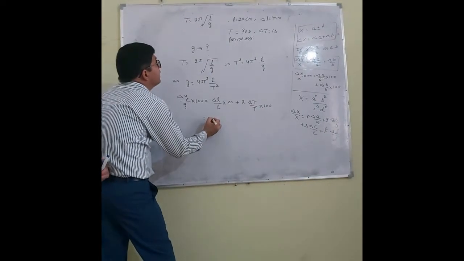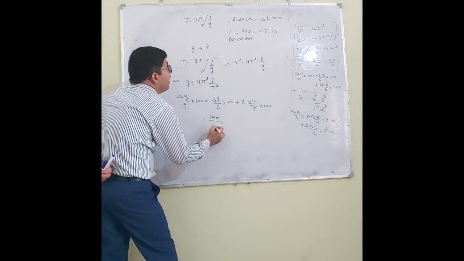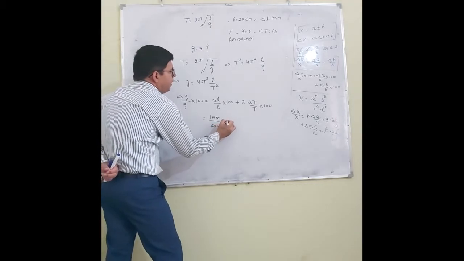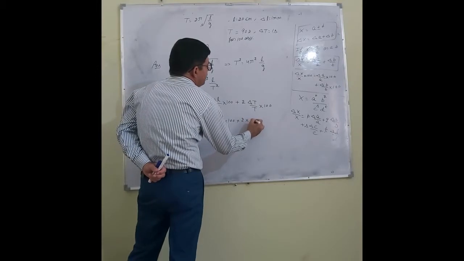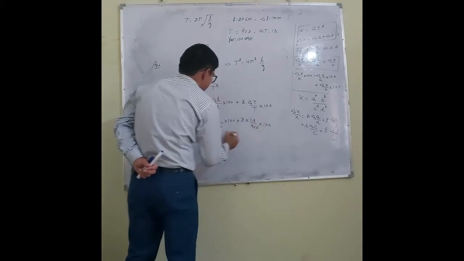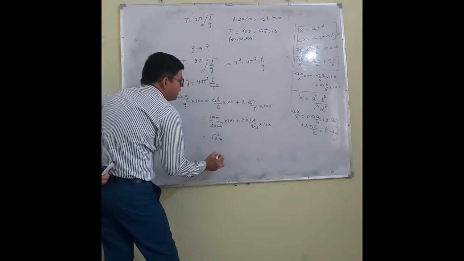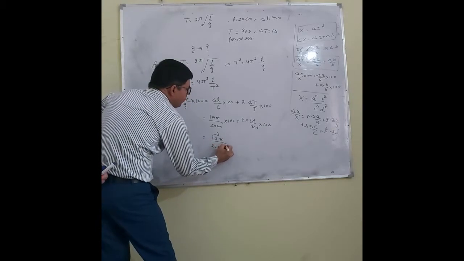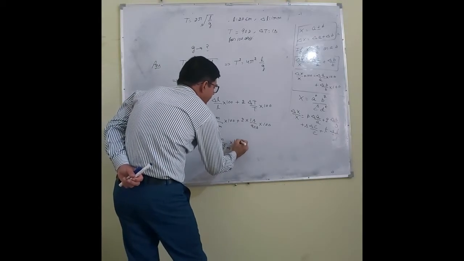Now what is delta L? 1 millimeter. And L is 20 centimeter. So it is delta L by L multiplied by 100 plus 2 times 1 second by 90 second multiplied by 100. 1 millimeter means 10 to the power minus 3 meter, and 1 centimeter means 10 to the power minus 2 meter.